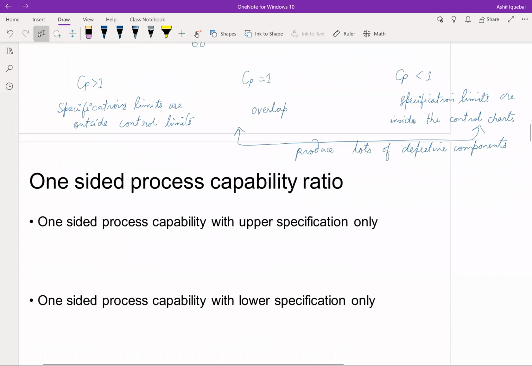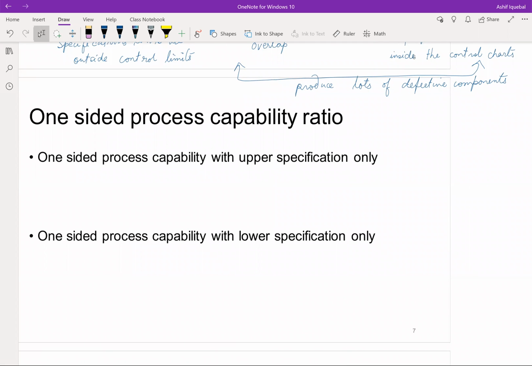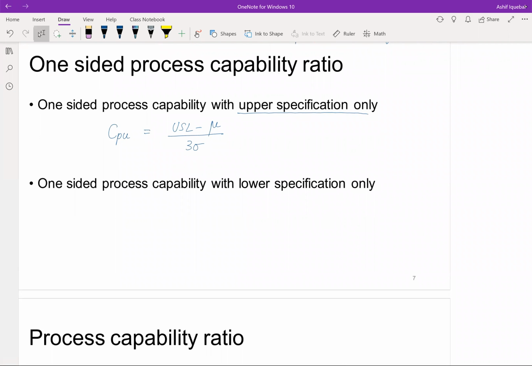But I gave you some examples where you can have just the upper or just the lower specification limit. In this case, we define CPU, when you only have the upper specification limit, as USL minus mu divided by 3 sigma, right? And when you only have the lower specification limit, you define CPL as mu minus LSL divided by 3 sigma.